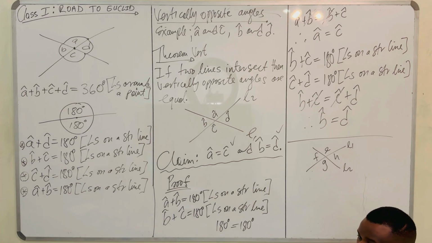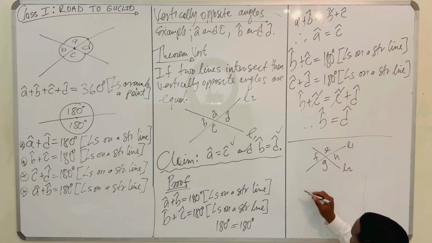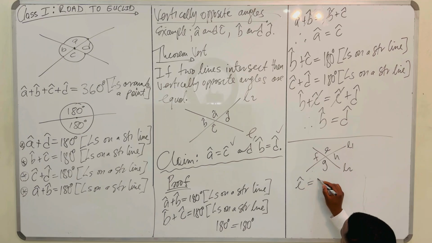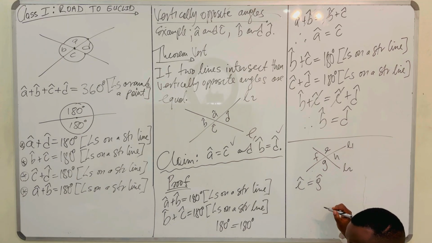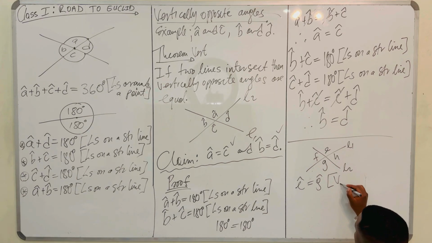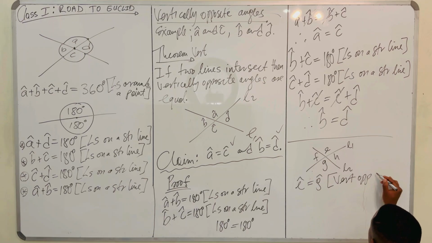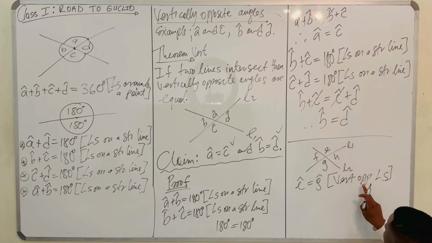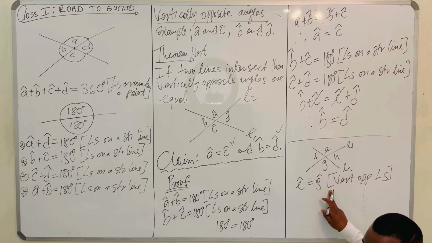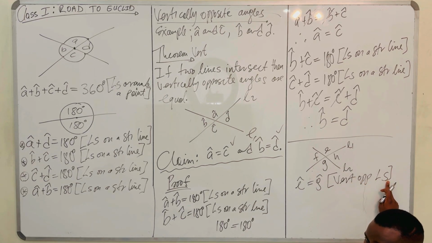Which angles are equal? E is equal to G. Why? Vertically opposite. This is the reason. These are vertically opposite angles. That is the reason for usage.